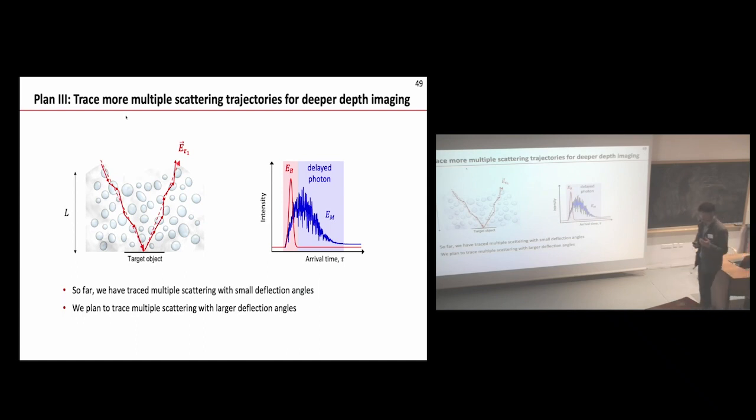The idea is, of course, you would like to reject multiple scattering as much as you can. But now you would like to claim more multiple scattering. So in order to do that, you probably need to loosen your time gating and accept more multiple scattering, and then try to trace them.